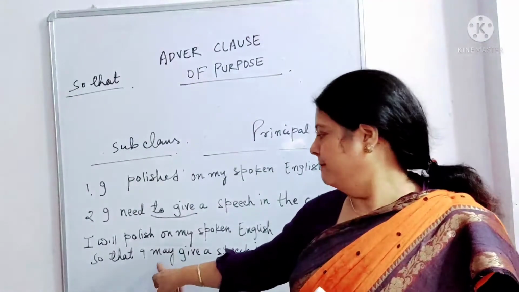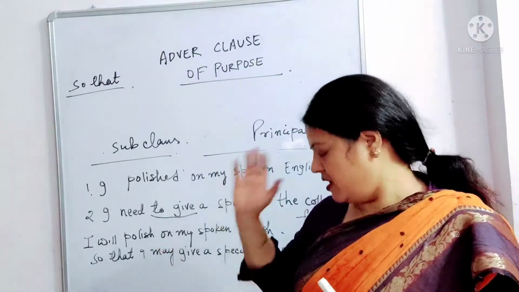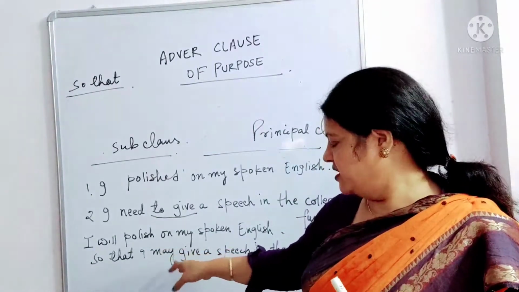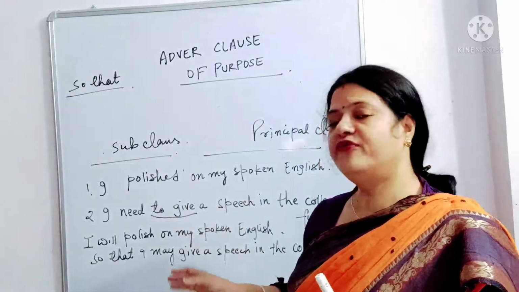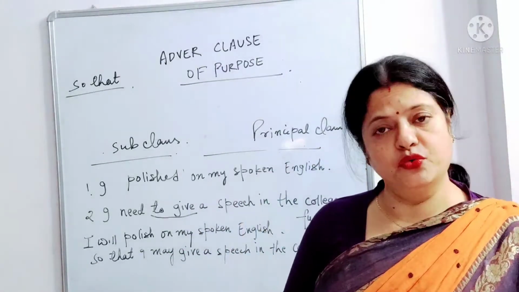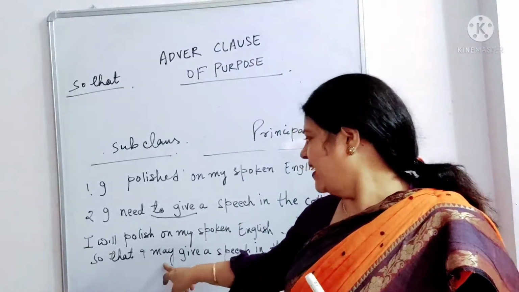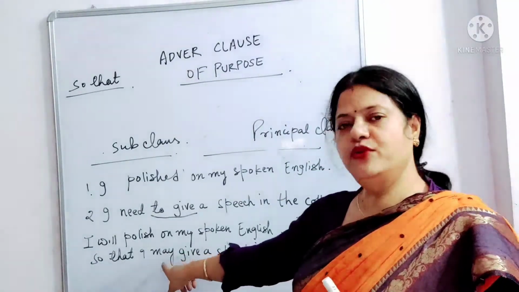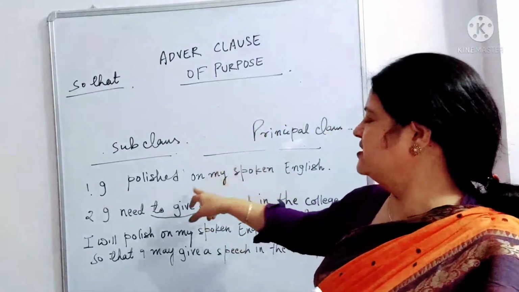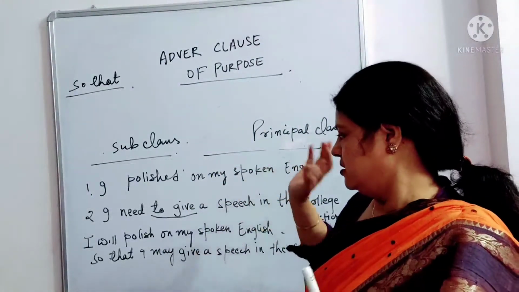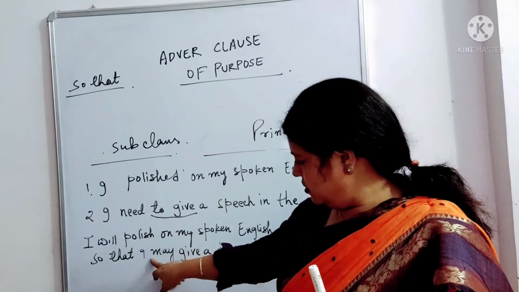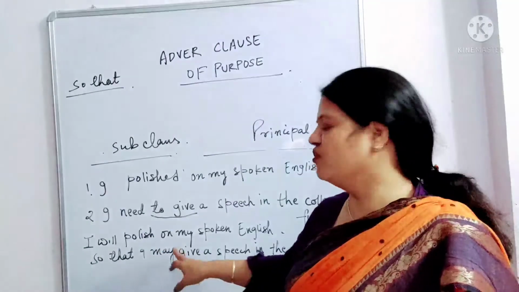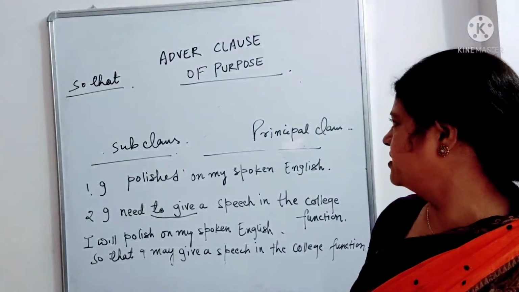It would have been might or could. I can also use can instead of may here: so that I can give a speech in the college function. This is also right, but we have used may here. But if this sentence were in the past tense, we could use could or might in place of may. Okay, I think this sentence has become clear to you.